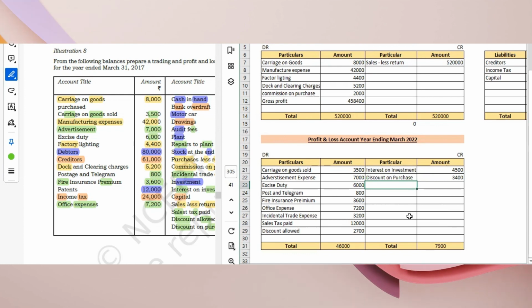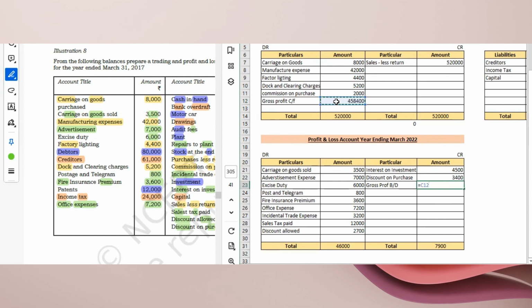The transfer entry will be gross profit carried down, or you can say brought down. This is carry forward, this account is carry forward. This is brought down, and it gets linked here.